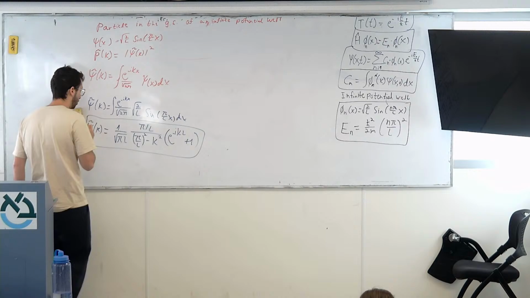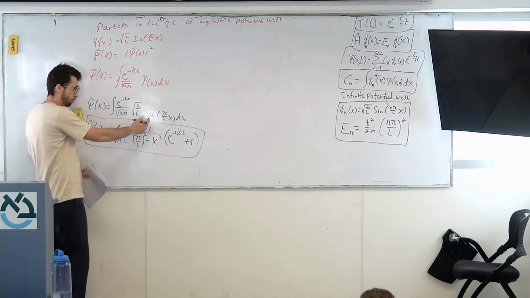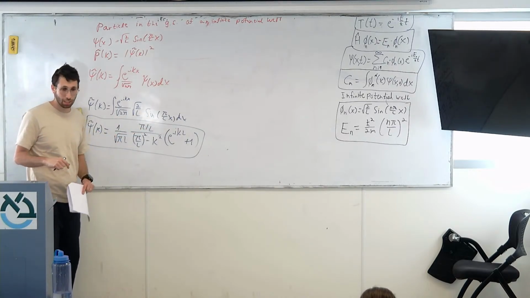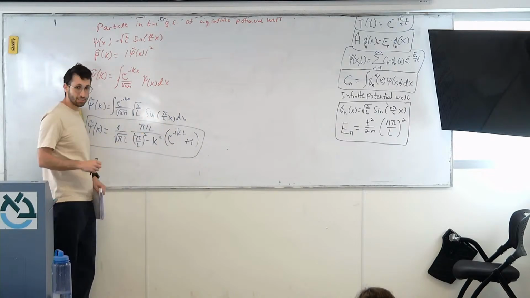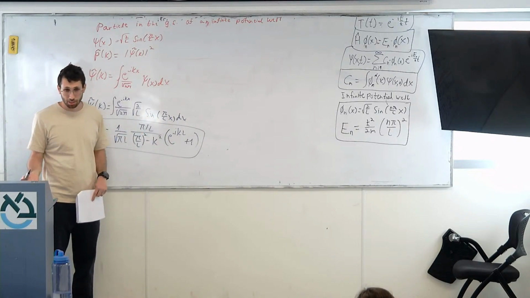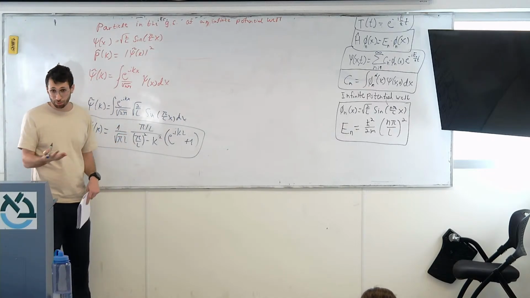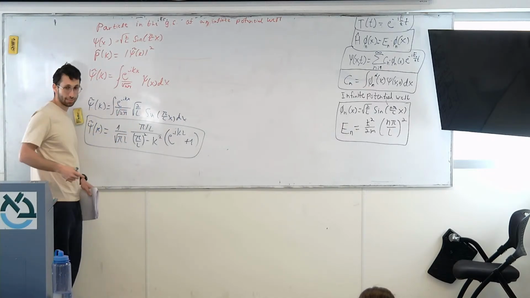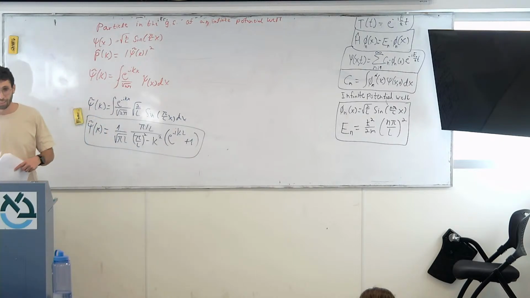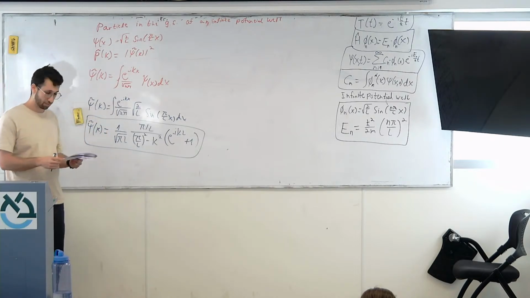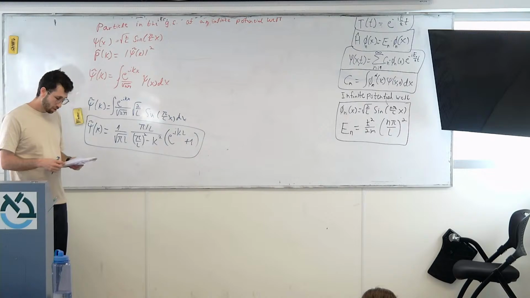Of course, I don't solve integrals, although if you would ask me how to solve this integral, I would say sine of kx, I can write it as a sum of two exponentials and then solve it. Or equivalently, I can write the exponential as a sum of sine and cosine and solve it.